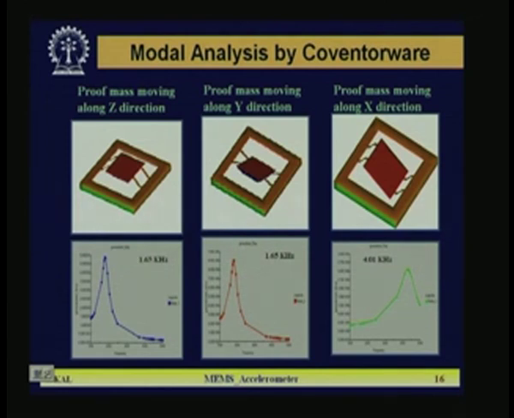That is normally obtained from modal analysis using CoventorWare. So for the z direction, y direction, x direction, the frequency versus the signal output or the magnitude of the displacement, all is plotted here, and we found that in all cases the frequency is well above 100 hertz.